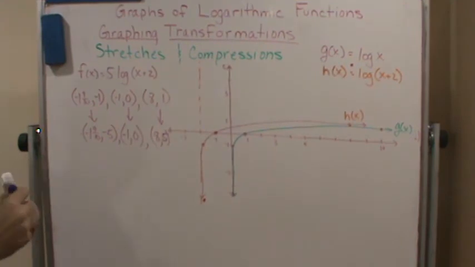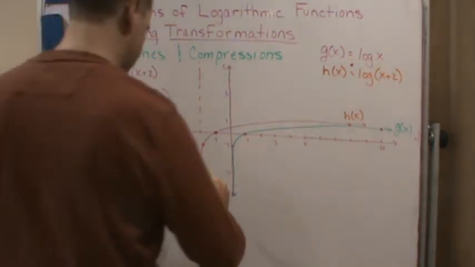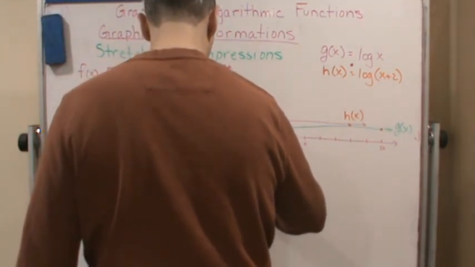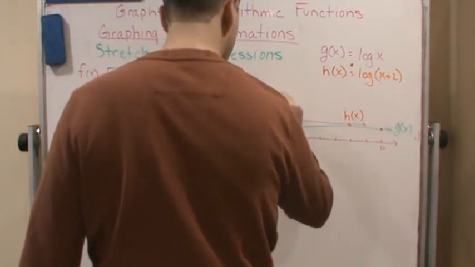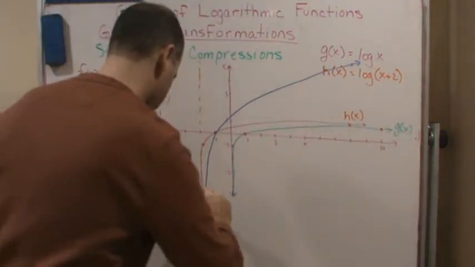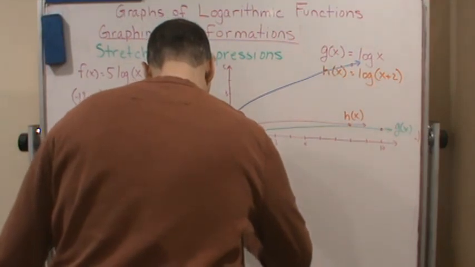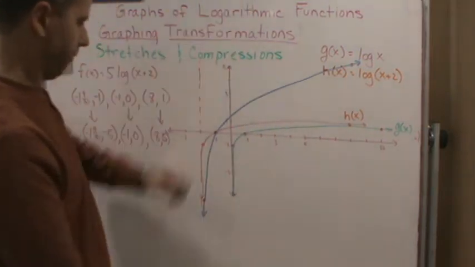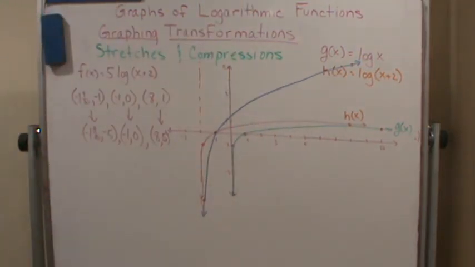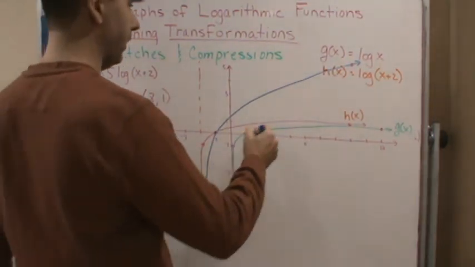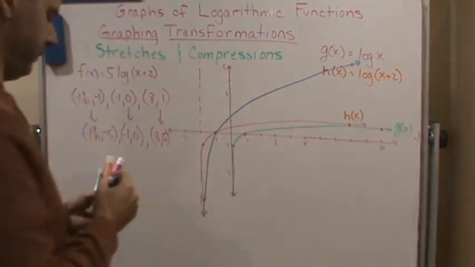So now if I connect these, what's going to happen? This is going to go something like this. And it makes sense because it's a vertical stretch. And so now this is our final answer. Right here, this is our final graph.